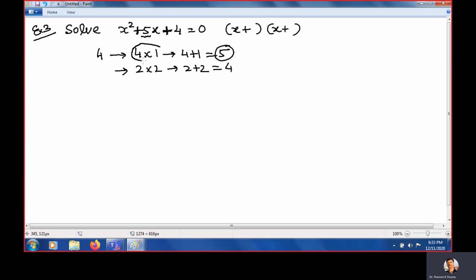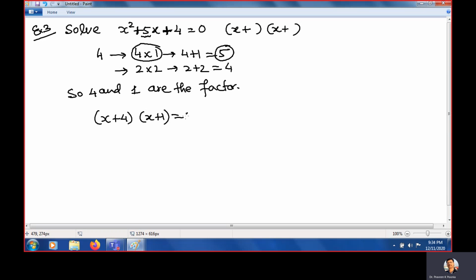Matching here means what are the factors? So 4 and 1 are the factors. And if 4 and 1 are the factors, what can we write? x plus 4, x plus 1, and it is equal to 0.